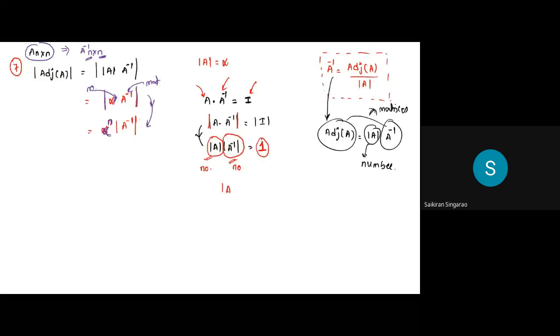So from here, I can write determinant of A inverse is 1 by determinant of A. That's the point I want to make here. So you will get alpha power n into 1 by determinant of A. Determinant of A is alpha. You will get alpha power n minus 1.